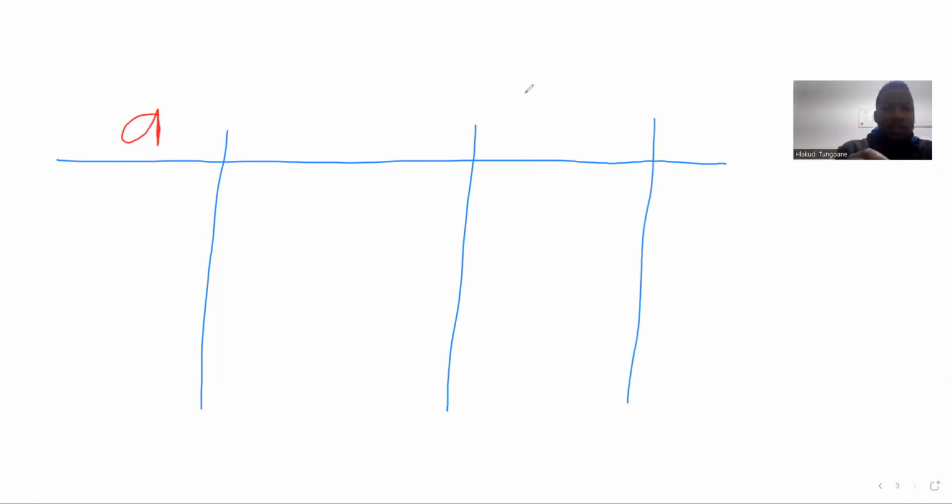So we have 3 parameters: we have A, then we have P, and then we have Q. Let me use a different pen.